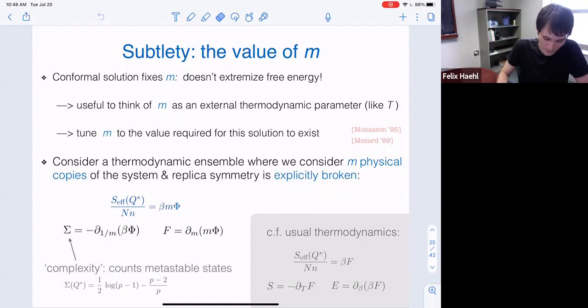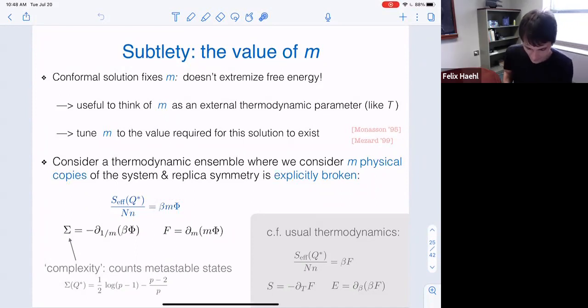Then if you go through the same steps as before and compute the effective action, you'll find that it is just proportional to m. That makes a lot of sense because you have considered m clones of the system, so the effective action gets an m up front.